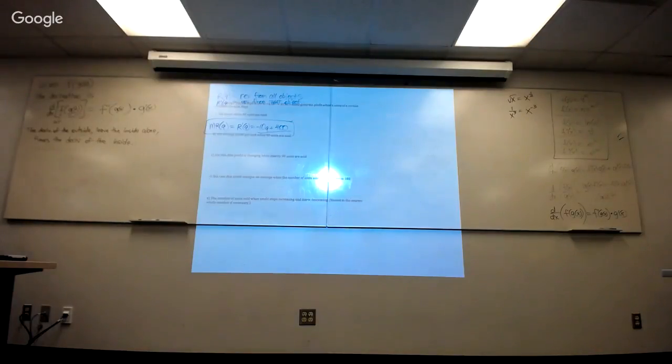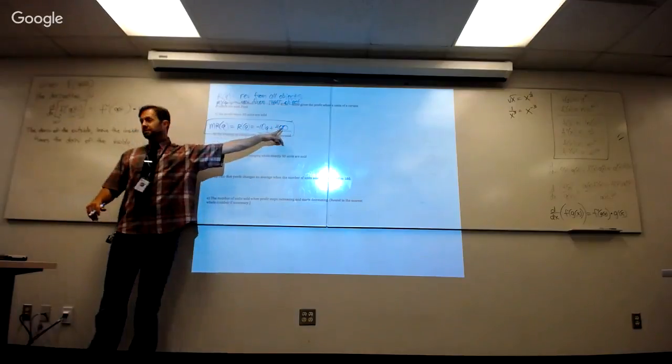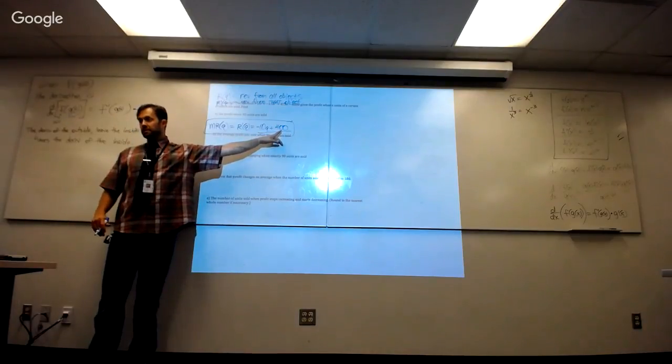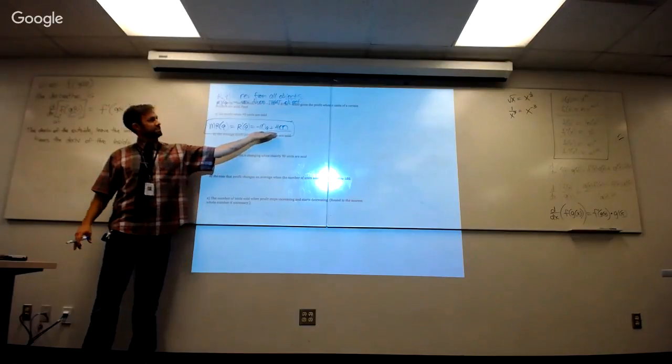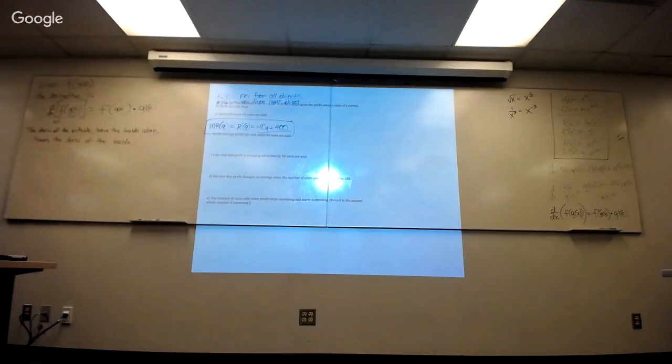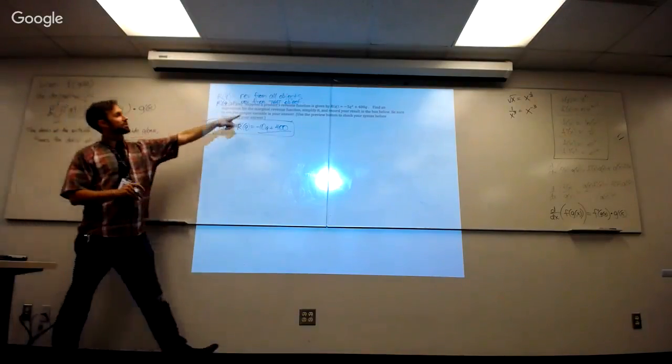All right. So the R prime is negative 10Q plus 400. Yes. What is the final answer? No, that is the final answer. They were just asking for an equation. They didn't ask for the revenue from any particular object. They just said, in general, find the expression for the marginal revenue function.